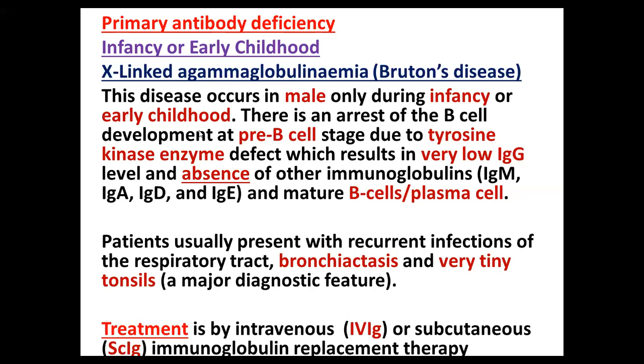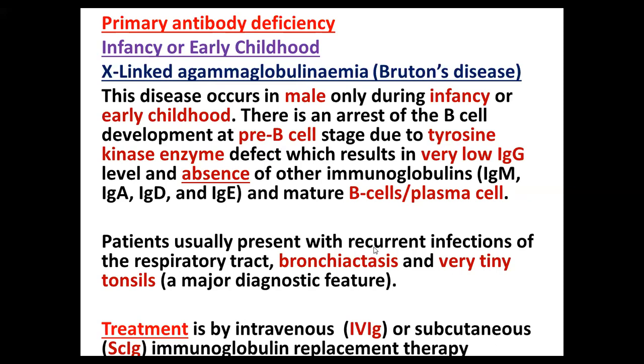As you know, the B cells appear from the stem cell and pass into stages of pro-B cell, pre-B cell, immature B cell, and then mature. Here, the defect in the TK enzyme due to defect in the TK gene, arrested at the pre-B cell stage. This will result in very low IgG.